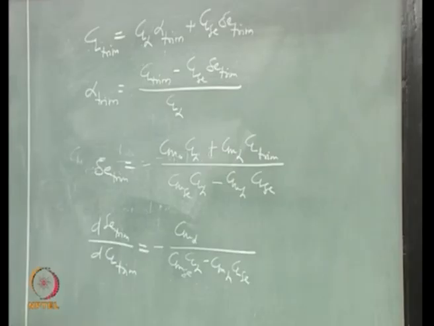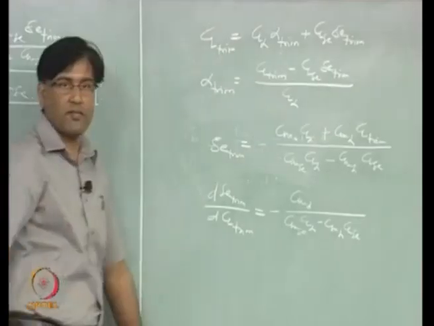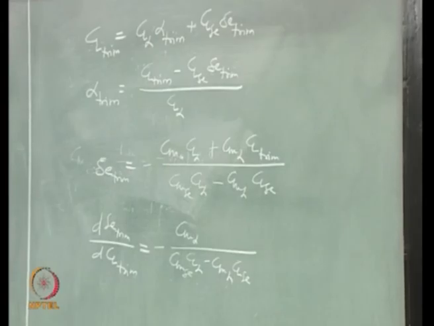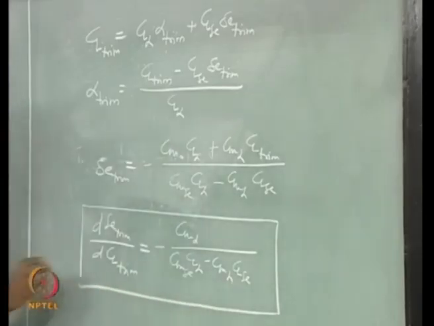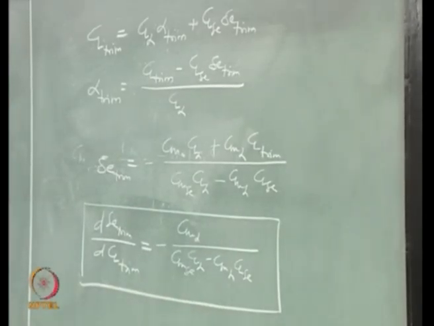So, you clearly see here that this term is going to be dependent upon the stability again, right. It is going to depend upon the stability margin that you have, and this helps in locating the neutral point location on the aircraft in flight.